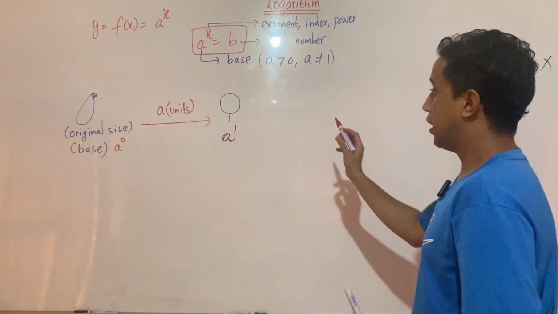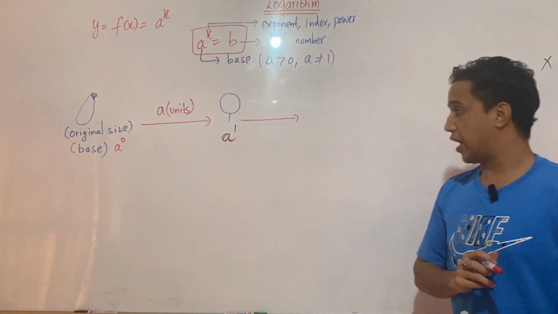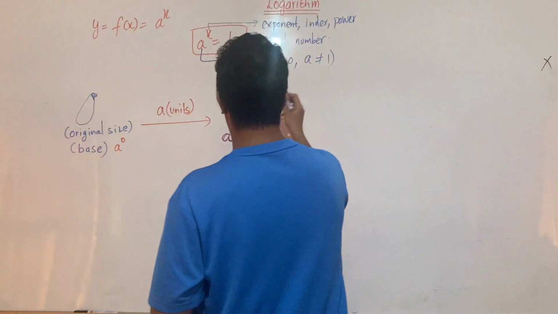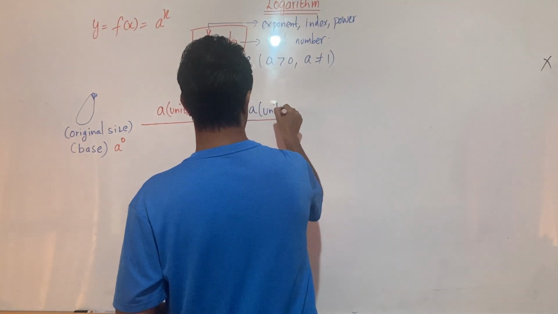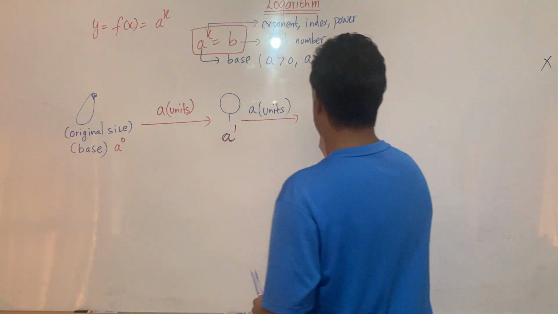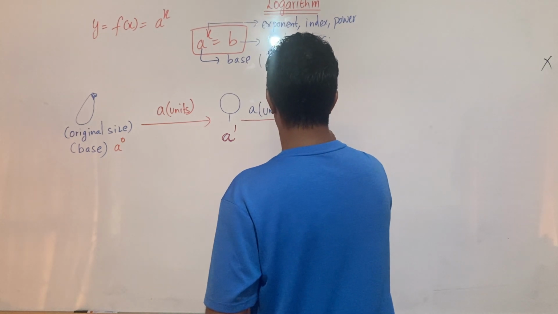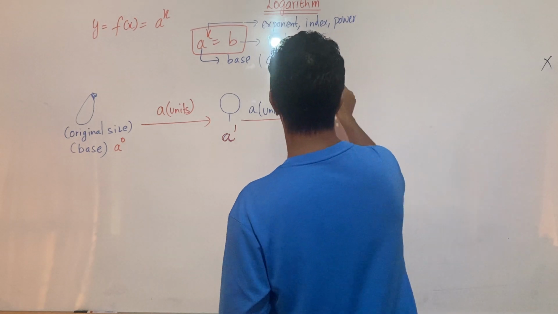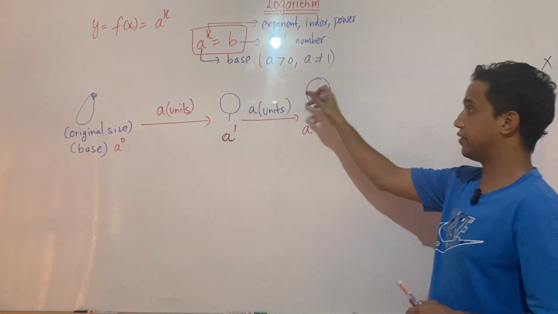And then the same thing happened in the next few seconds, and then again I had blown some air in it, again a units, and then the size gets bigger, it becomes a squared, and now this is the shape of your balloon, bigger than this.